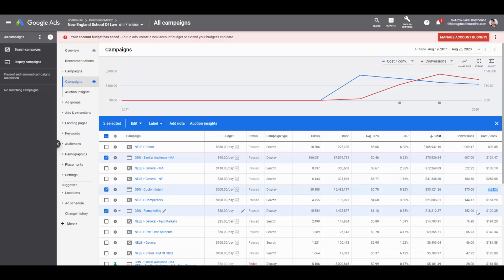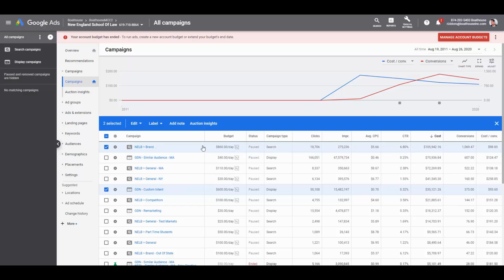All right, and again, that's why you have to run these things and see what does better. In this particular scenario, GDN did better than search, right, from an efficiency standpoint. This particular GDN campaign is actually more efficient than the brand campaign, right?